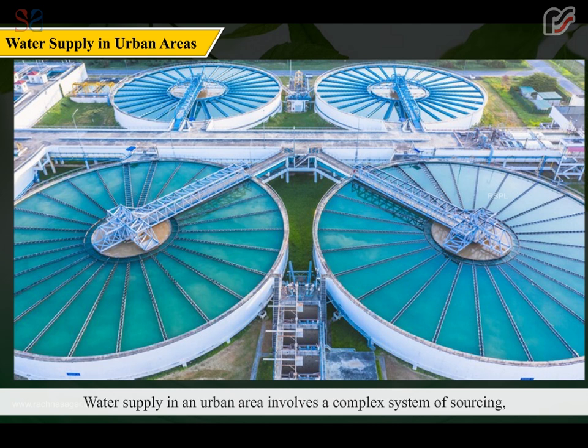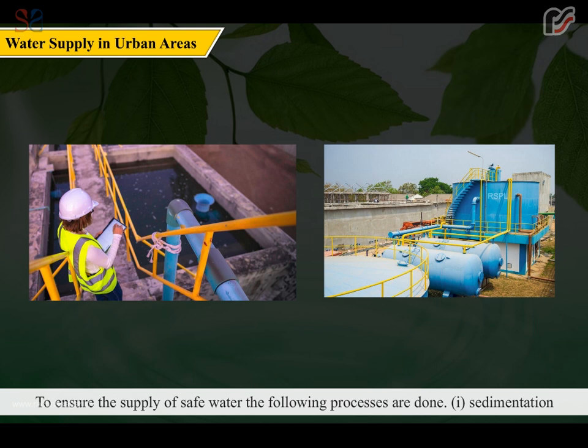Water supply in urban areas. Water supply in an urban area involves a complex system of sourcing, treatment, and distribution. All the tasks are controlled by the municipal water distribution system to ensure the supply of safe water.